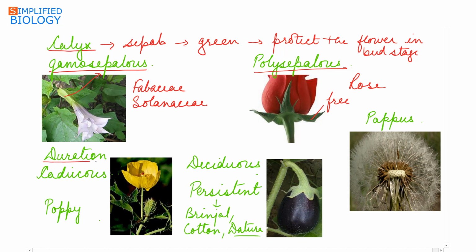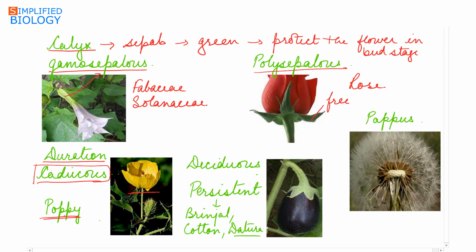Now the duration of sepals differs in different flowers. In some, the sepals fall off even before the flower opens. That is referred to as caducous. As seen in this, there is no sepal. The sepals falling off before the flower opens is referred to as caducous.